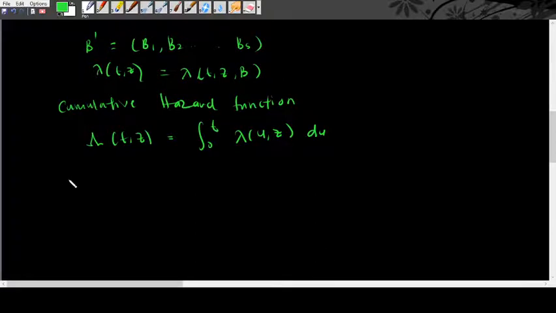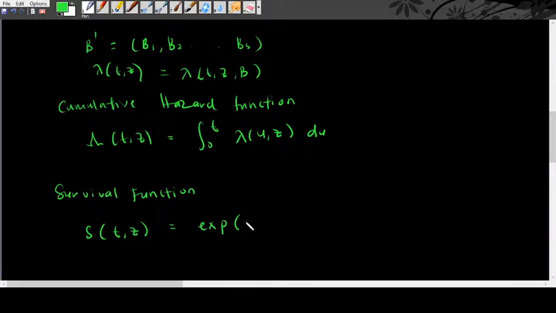And for this case, the survival function, we can denote it as S(t, z), which is also equal to exponential of negative Lambda(t, z).